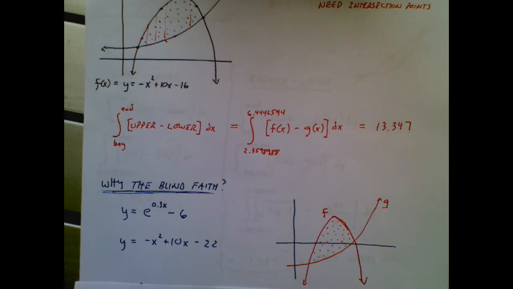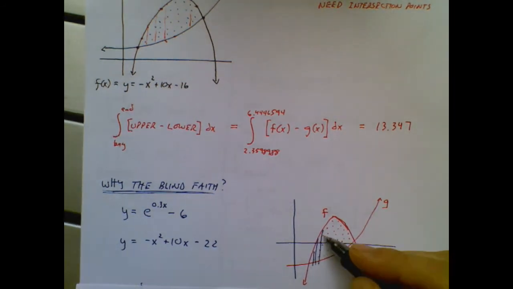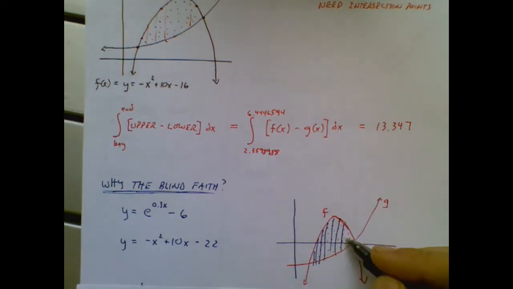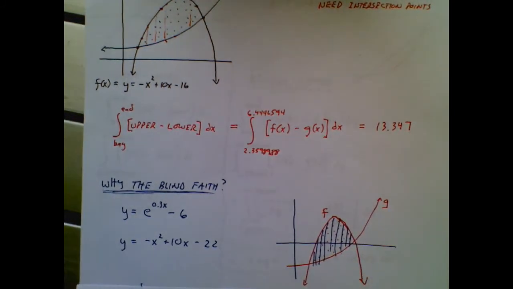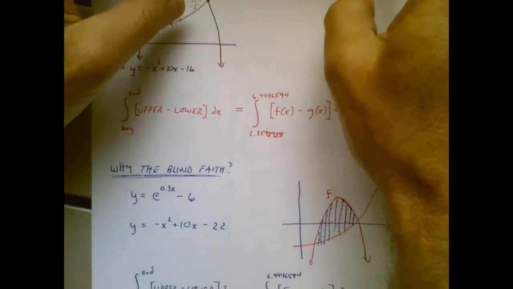And for some reason, when the area that you're trying to find is straddling the axes, in different quadrants, people lose their faith in upper minus lower. But the same thing applies. If I just draw upper minus lower stripes, every one of those stripes represents an upper minus lower, and pretty soon I've shaded in the whole region. And so now if I go ahead and do this, I have to do some adjusting.